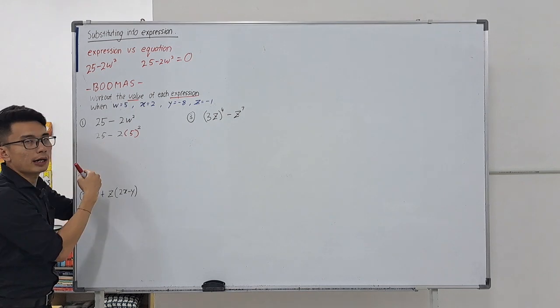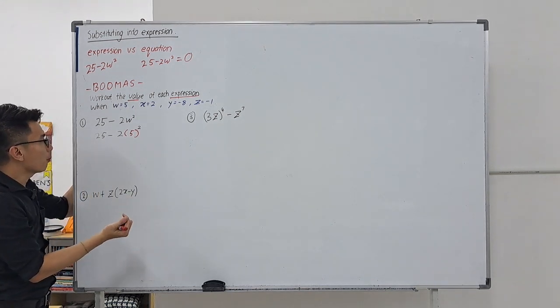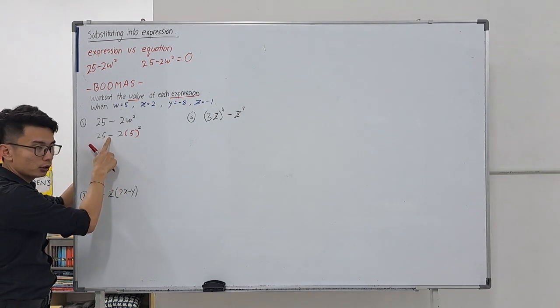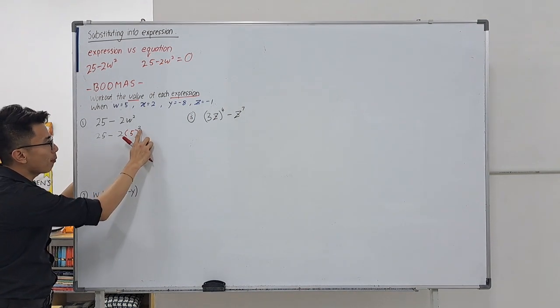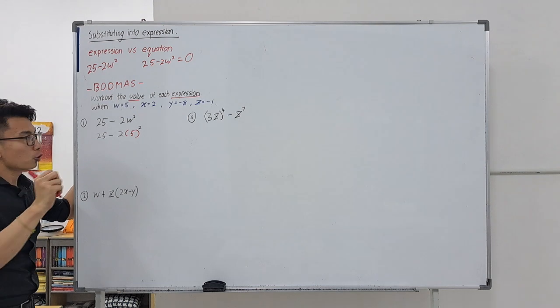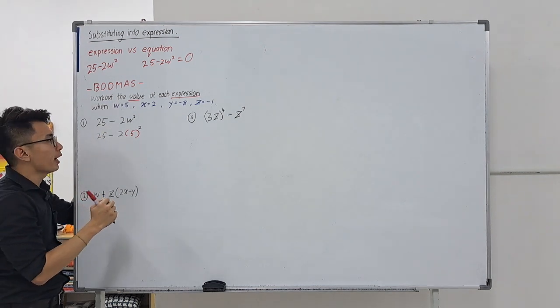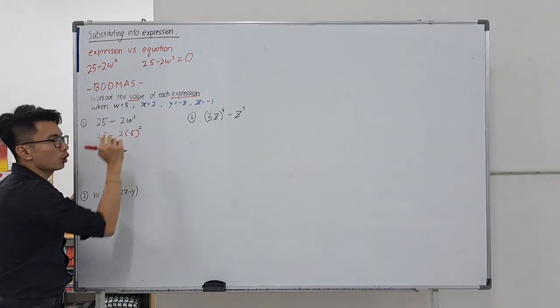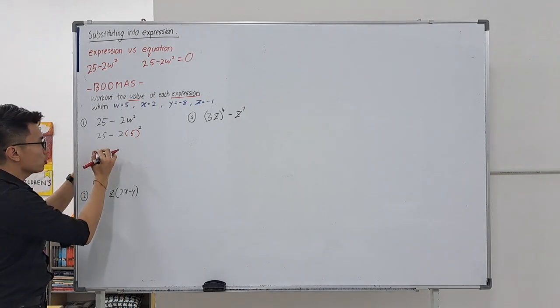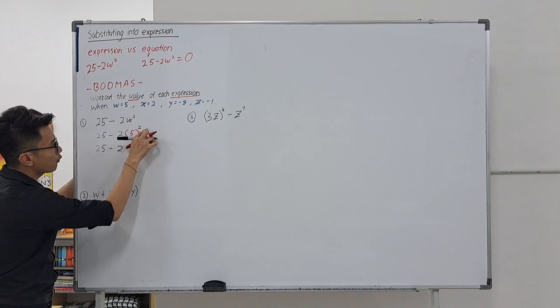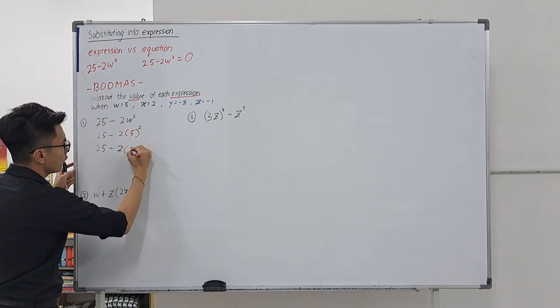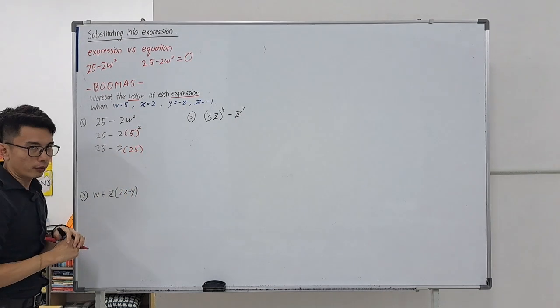So according to this, what are the operations we see? The operations I see over here are subtraction, a multiplication hidden here, and a power. By following BODMAS, you know that you will need to solve the power first. So eventually you should get 5 squared, that's going to give me 25.